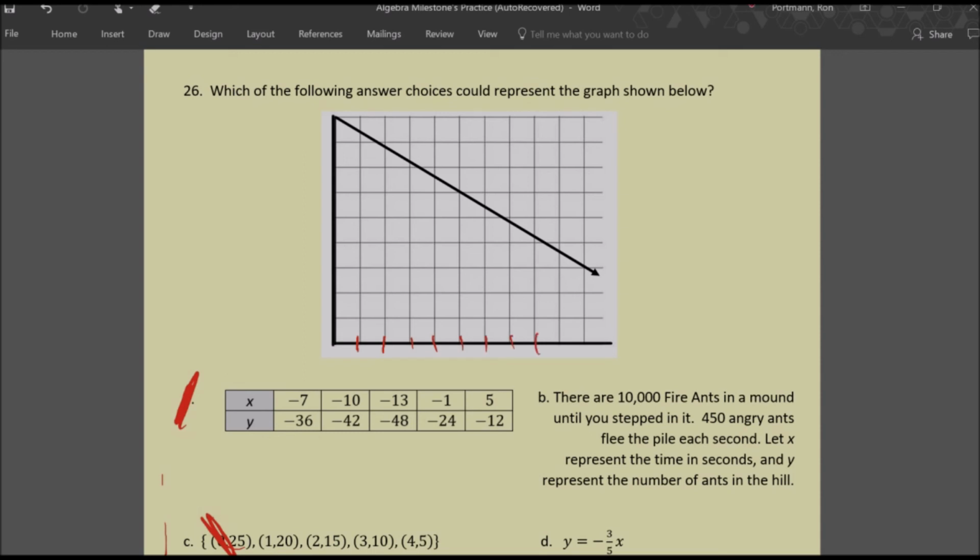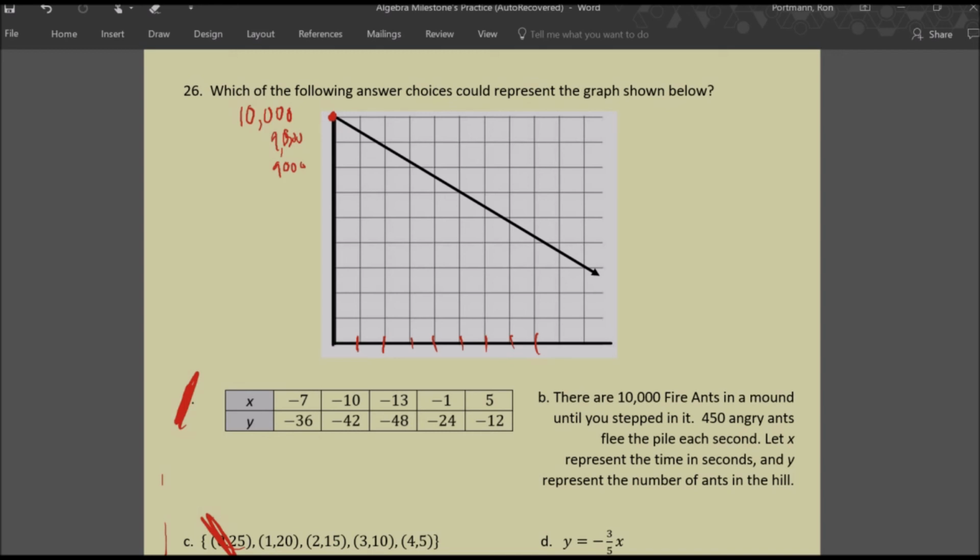So this would represent the 10,000 ants in the pile. They're chilling in the nest, not hurting anybody. And all of a sudden you come and step on their nest. And every second, 450 of them leave. So if this was 10,000 and we were going by 500s, we could say that this is 9,500, and then this would be like 9,000.